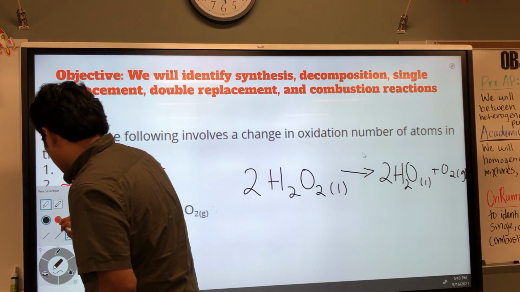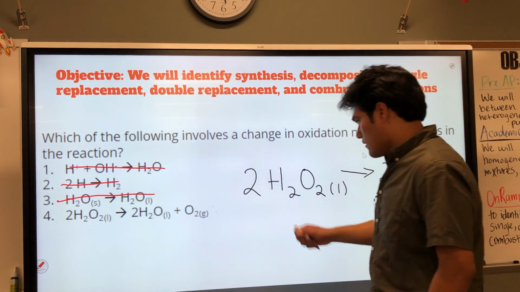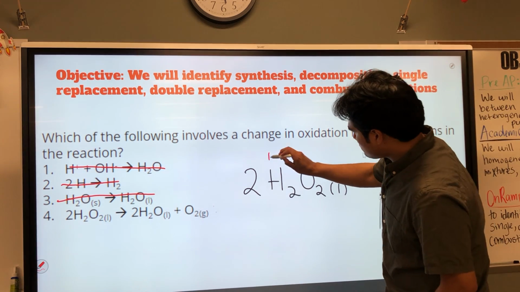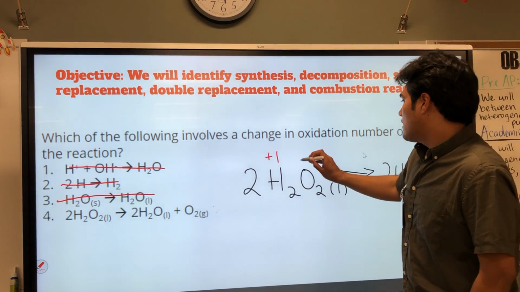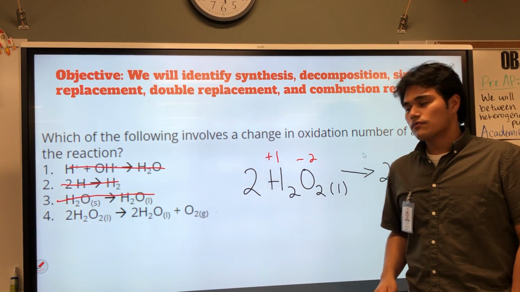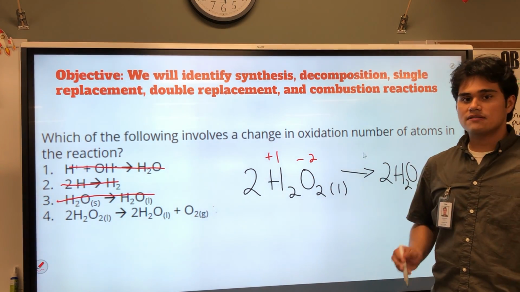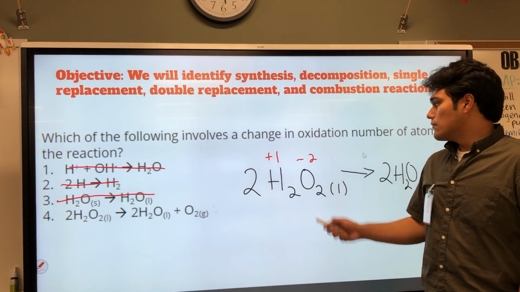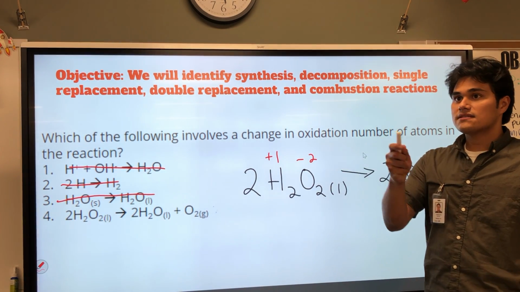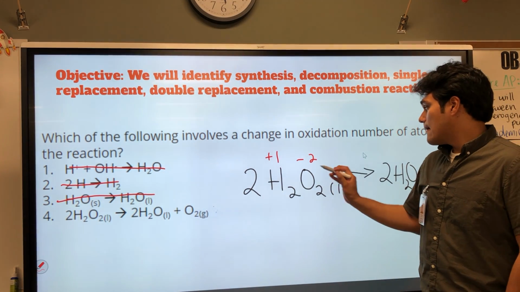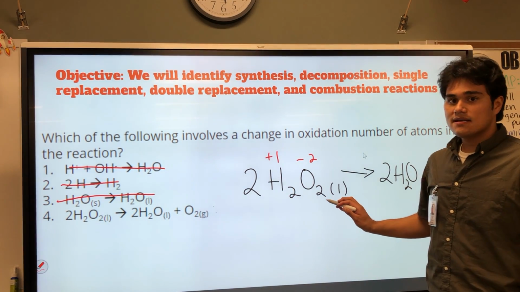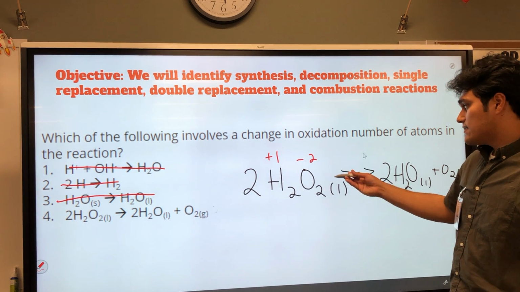For my oxidation numbers, I'll go ahead and start here. Hydrogen will have its +1 oxidation number. We can give oxygen its -2, but remember that this is one of the exceptions where oxygen does not get the -2. Normally we would assign it here because it's in the 6A group. Anything in the 6A group would have an oxidation number of -2, but hydrogen peroxide is the exception. Let's see why.